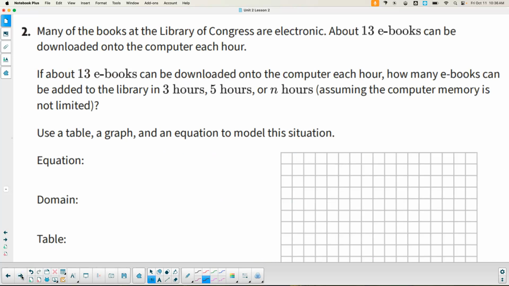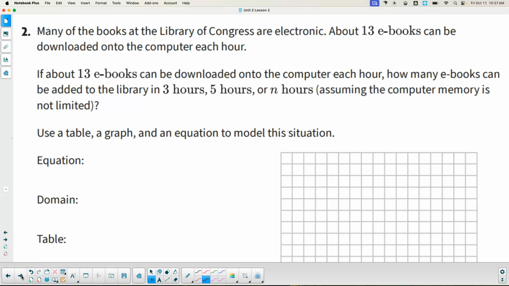What I would like you to do now is I'm going to give you 15 minutes, or we're going to pause the video here for 15 minutes, or however much time you need. I would like you to do numbers 2, 3, 4, 5, and 6, and 7.